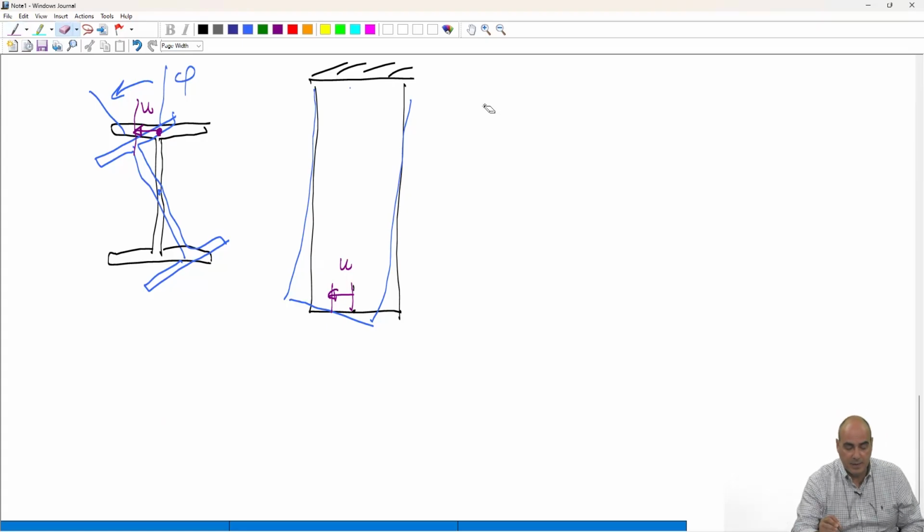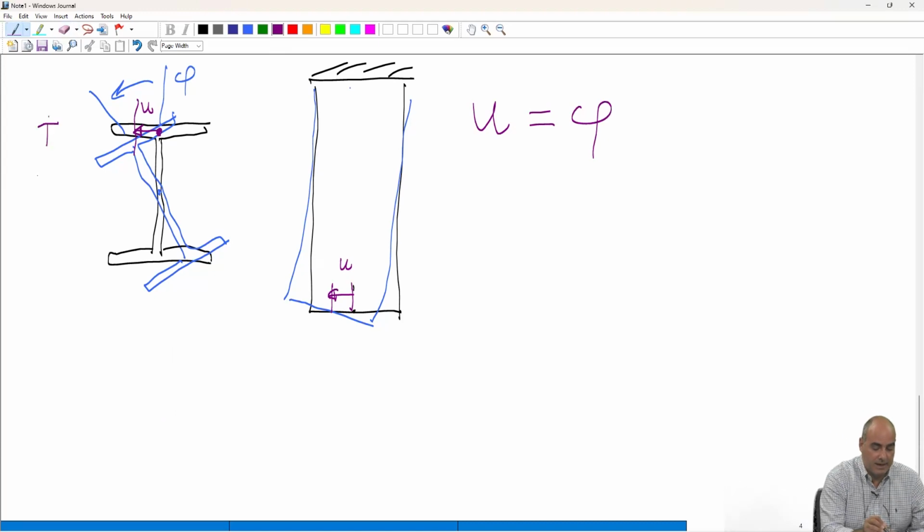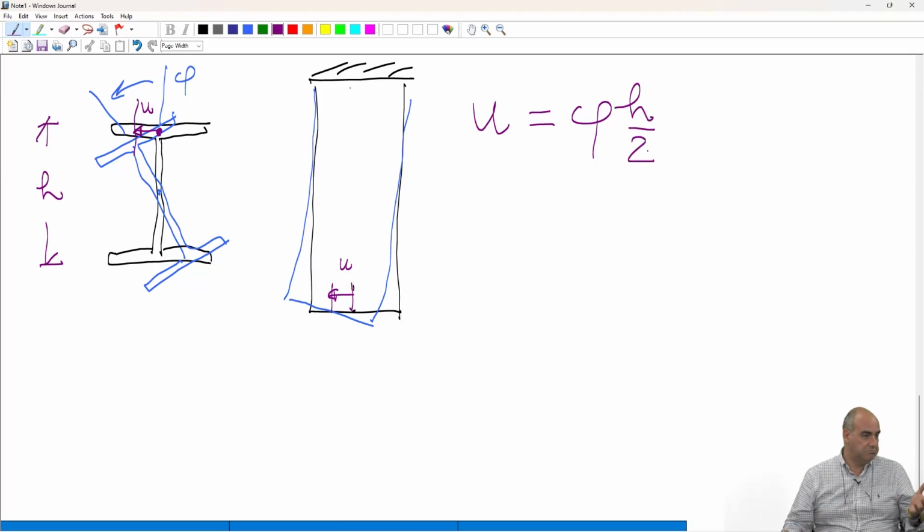How can I express u? Angle phi times, if this is the total depth of the cross section, h by 2.